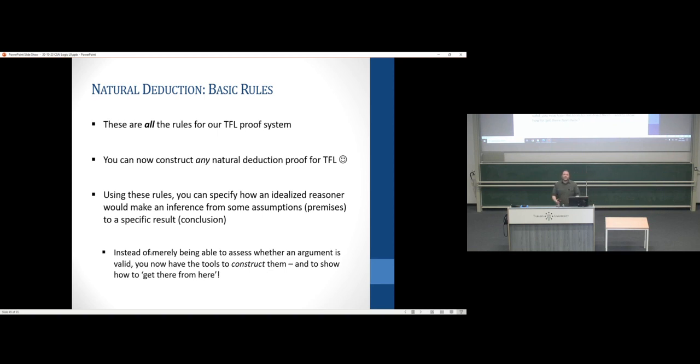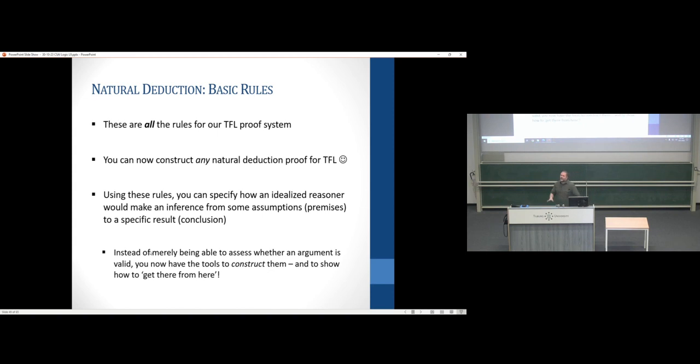We're going to have similar proof theoretic properties. Validity isn't the only thing we can do with this system. We'll talk more about that stuff next week. But this is it, basically. This is the sort of stuff that will let you build all the proofs.